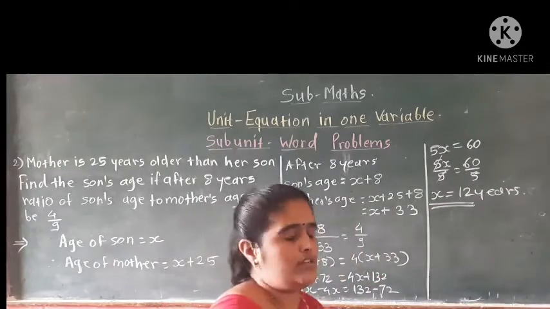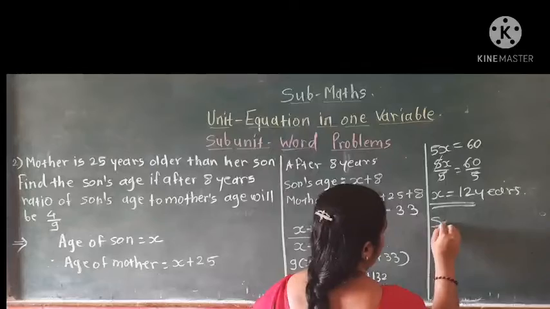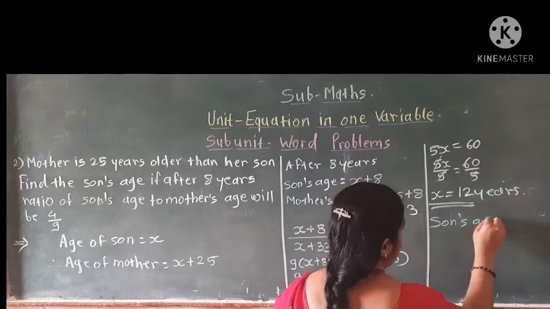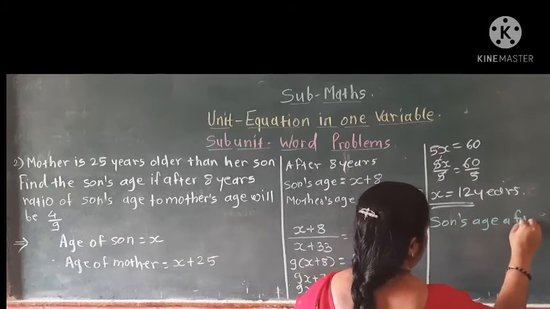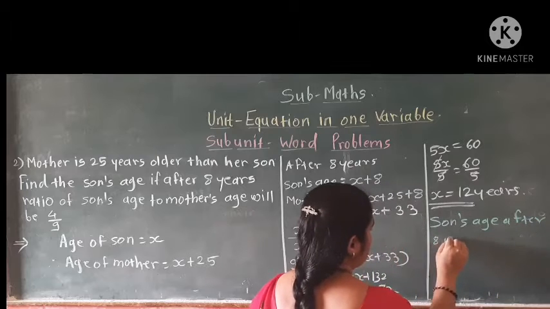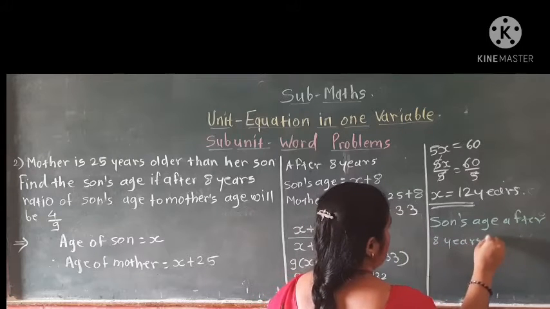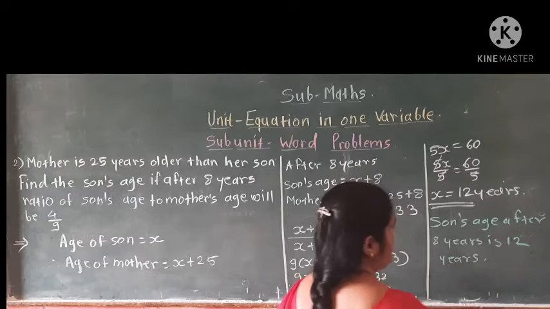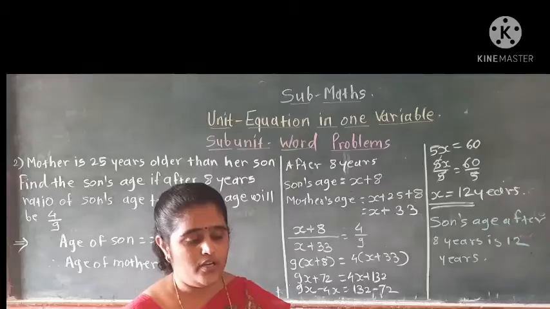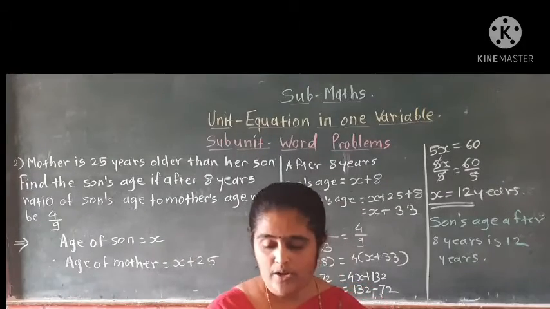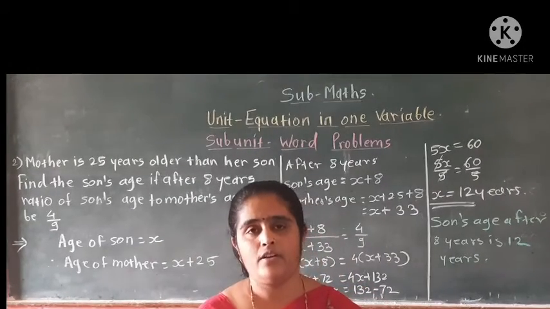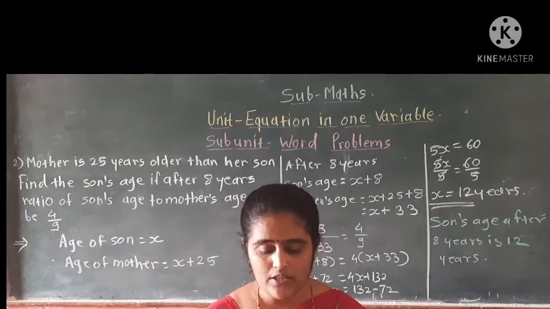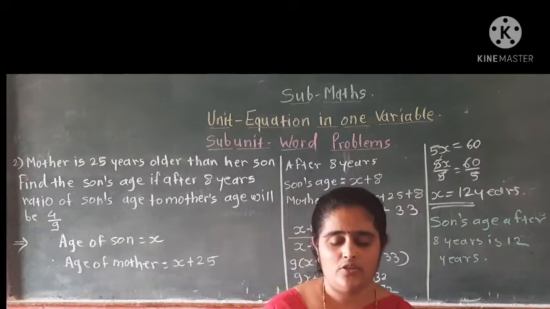Then the son's age after 8 years is 12 years. In this example we are only calculating the son's age after 8 years. Here there is no need to calculate the mother's age.